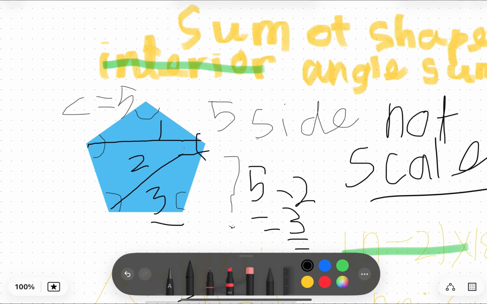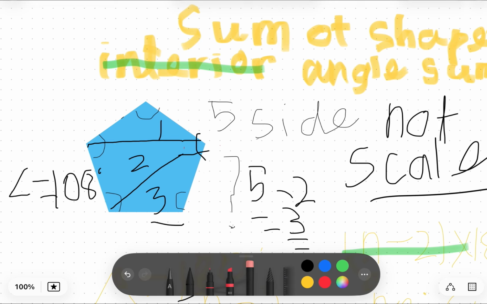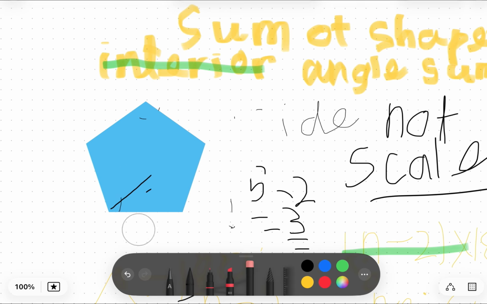Now, each angle is equal to 180 degrees, 108 degrees, sorry. That will give me 108. Apologize for the mistake. Now, voila. This is how it works.